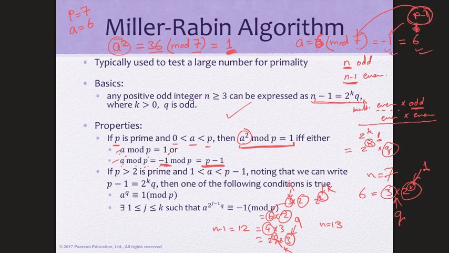These two things are equivalent to each other. So we see that in this case, since a square mod p was equal to 1, we found that a itself mod p satisfied the second condition, which is that it's equal to minus 1. Okay.